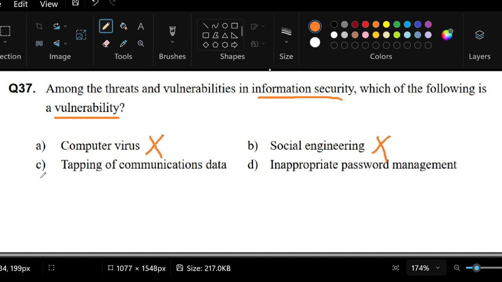For letter C, we have something about tapping of communications data. And we know that people, particularly smugglers, would have to have some kind of way to know if their goods have arrived and where the goods are located. Of course, if they were to use legal means, like their actual names instead of false accounts, their identities would be quickly found out.